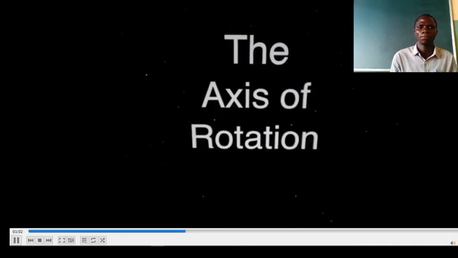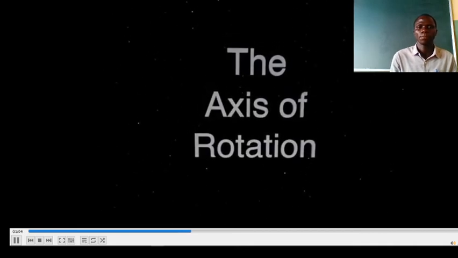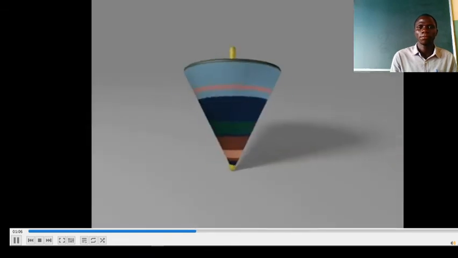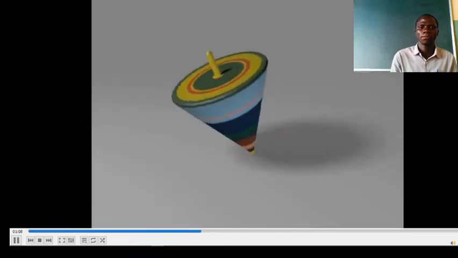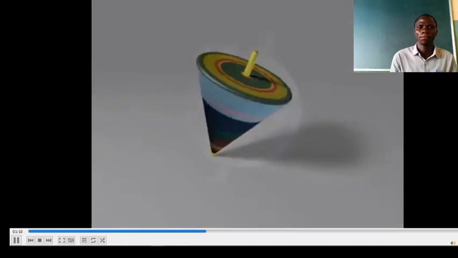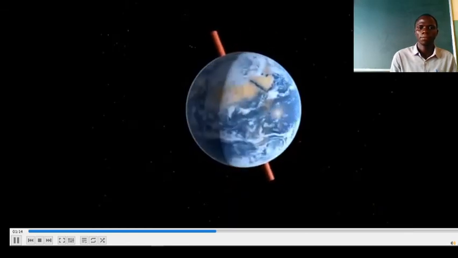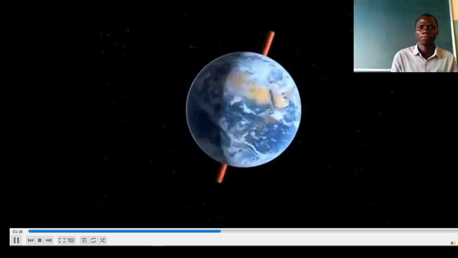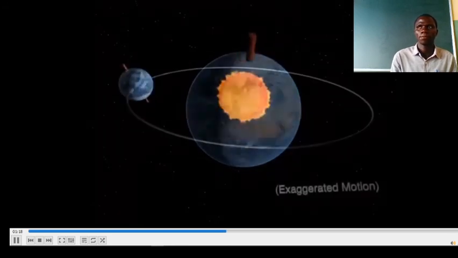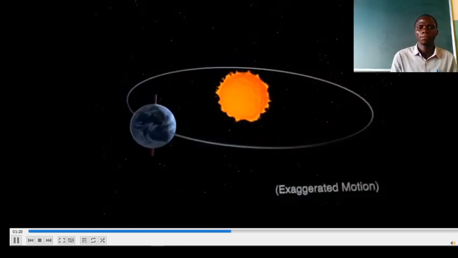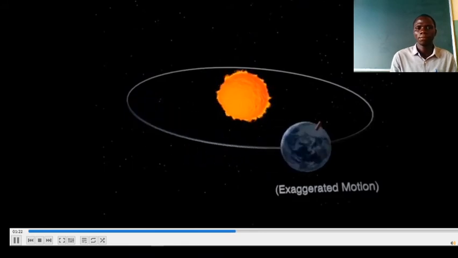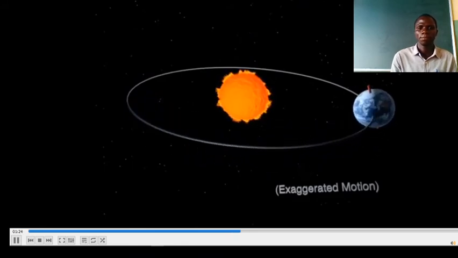The axis of rotation, also known as the wobble effect. The Earth's axis has an axis of rotation, and just like a top, the axis spins. The angle does not change, only the direction of the axis. The axis of rotation will complete a full cycle approximately every 26,000 years.